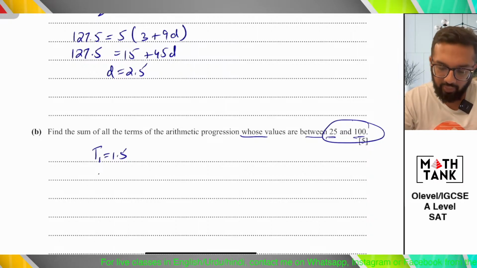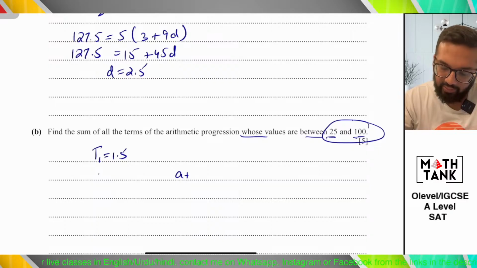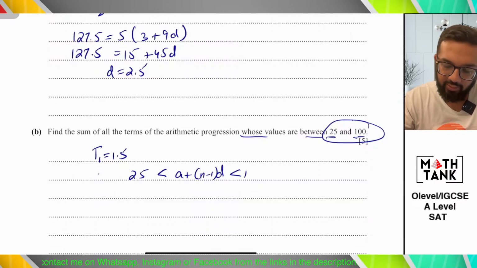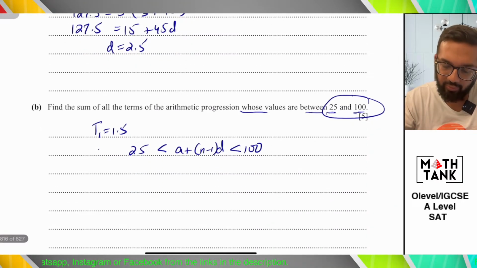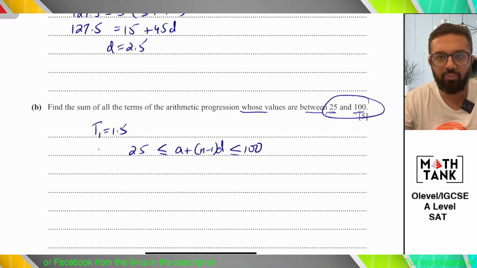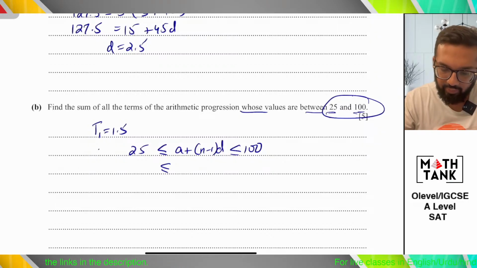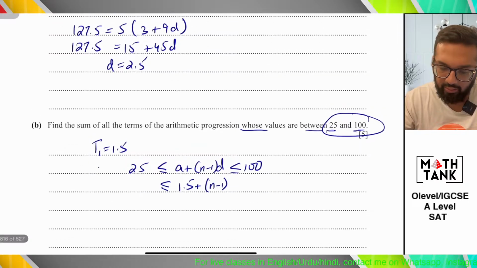So I can say that a plus n minus 1 d should be between 25 and 100. They could also be equal to, greater than or equal to. n should therefore be a whole number. So that's 1.5, I don't know n, and d is 2.5.